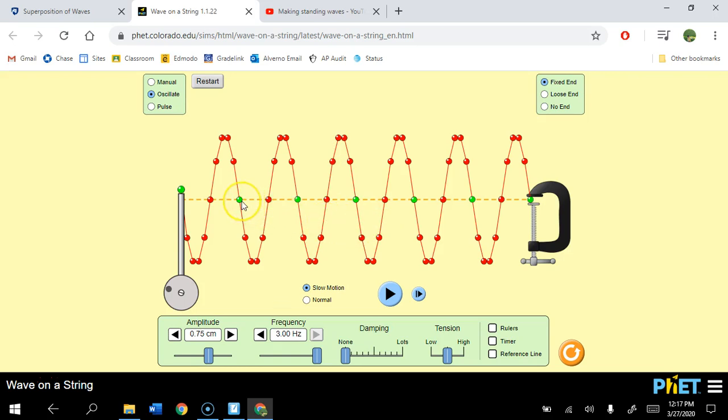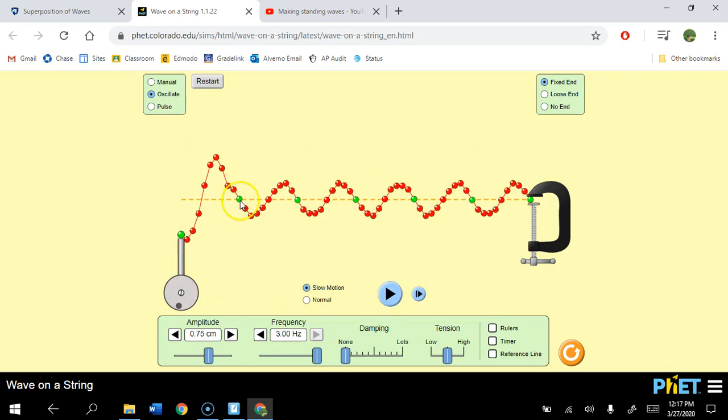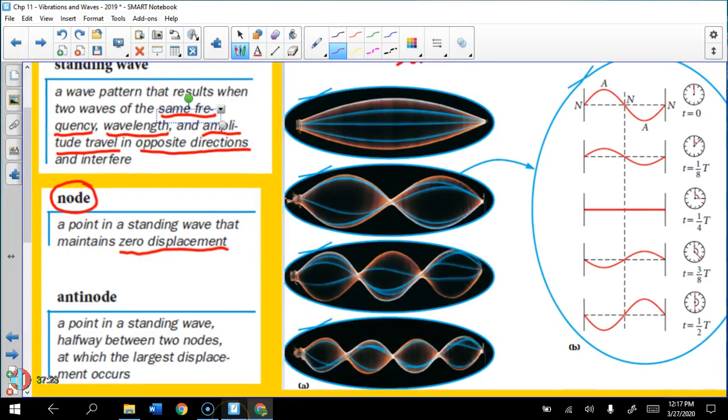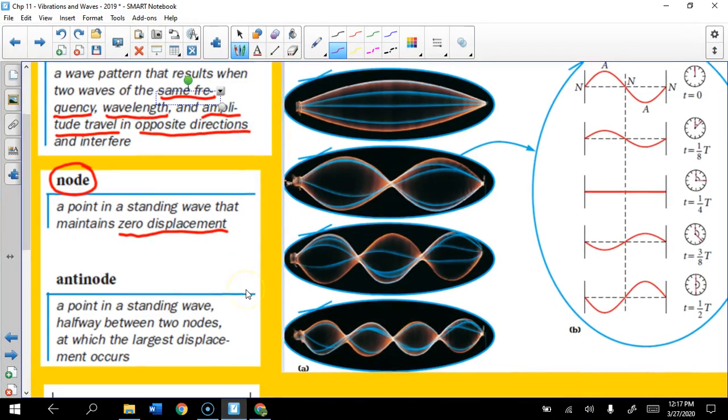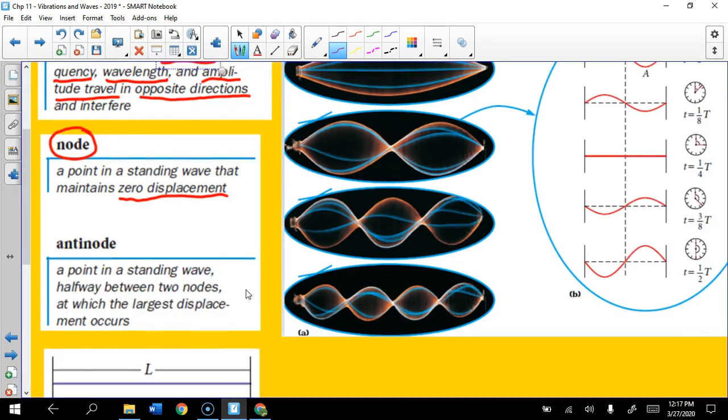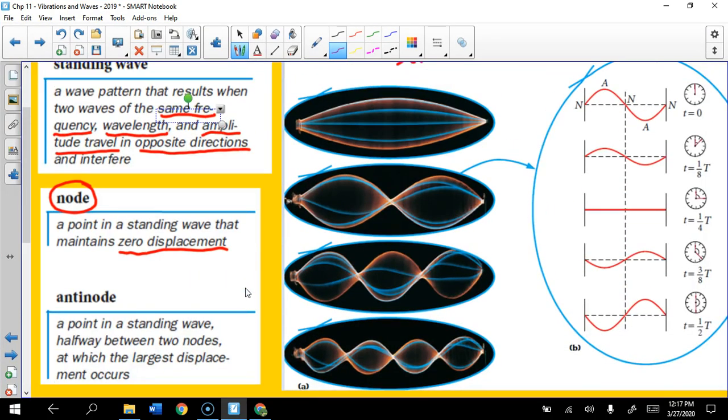Notice how the green points, the red point, are exactly in that same spot. They're not moving at all. They're your nodes. Now, back to this over here. Let's label the nodes. In this first one, those are the nodes.